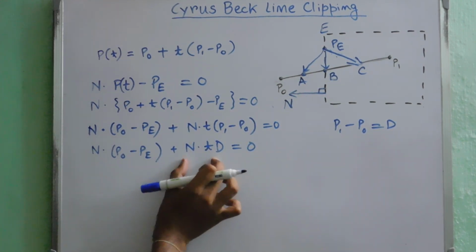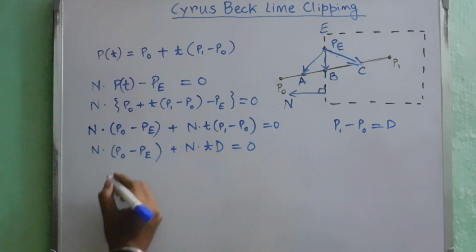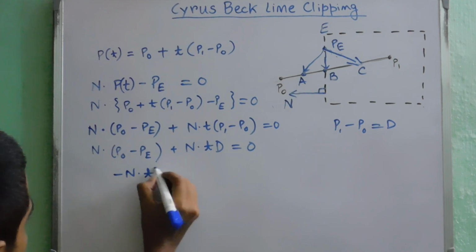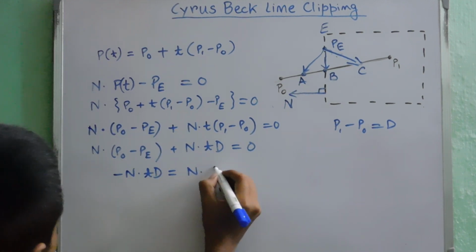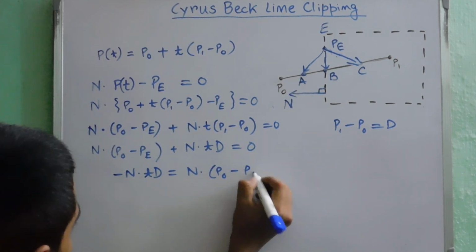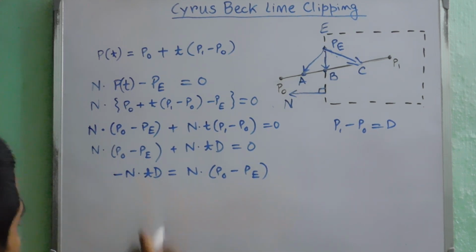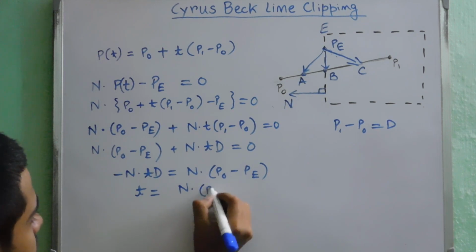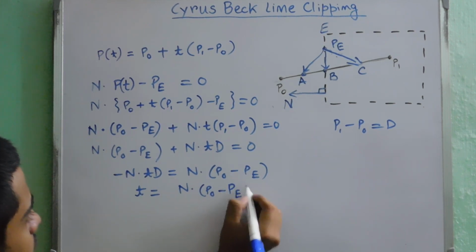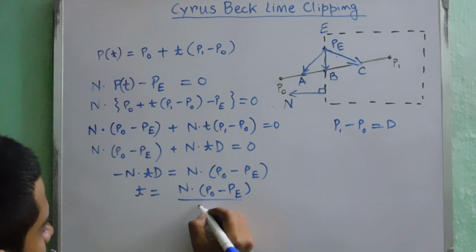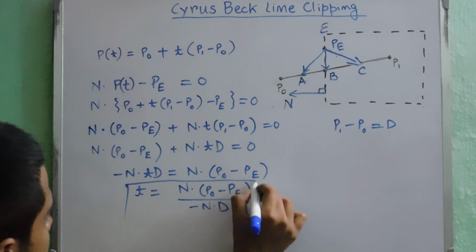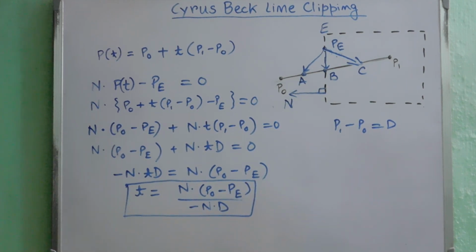Now I will take this term to the right hand side, so that will make minus N dot TD equal to N dot (P0 minus PE), and from this we can calculate T equals N dot (P0 minus PE) divided by minus N dot D. So this is the value of T.